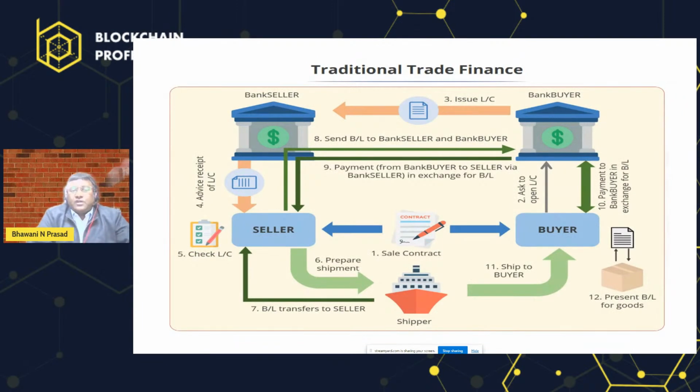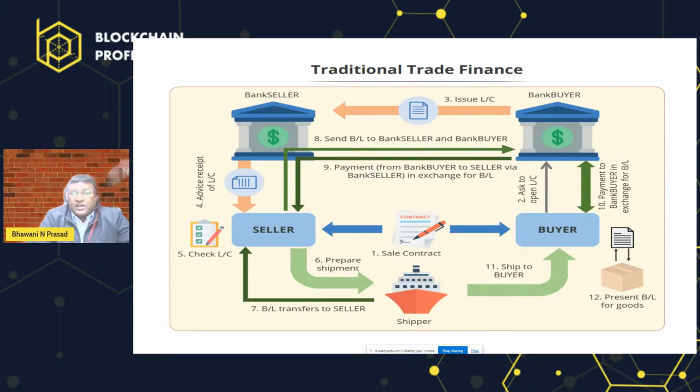So I'm giving you one business case here, for trade finance: how it happens normally without a smart contract, and how a smart contract makes it different. As we see in traditional trade finance, the first step is to define the sale contract between buyer and seller.